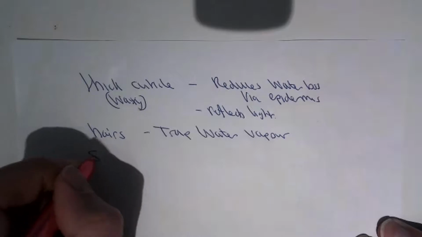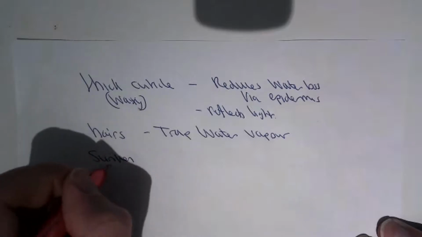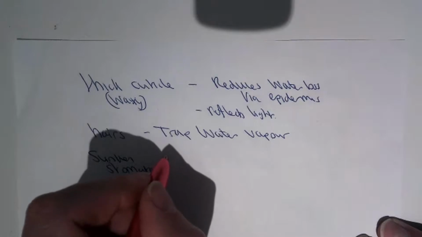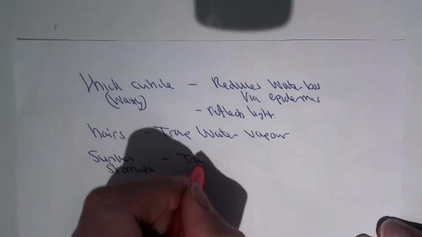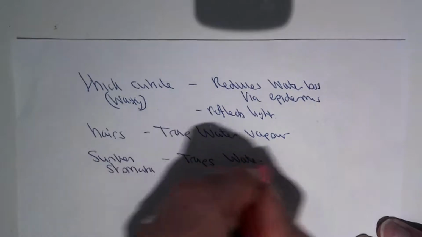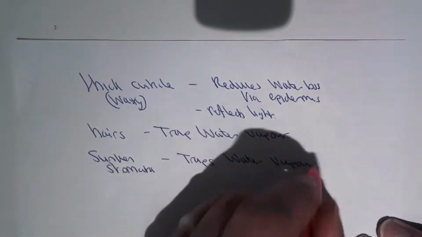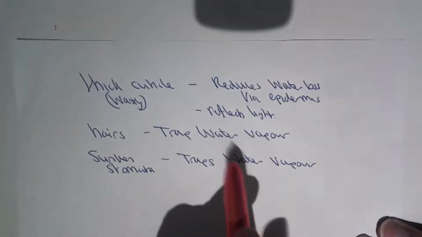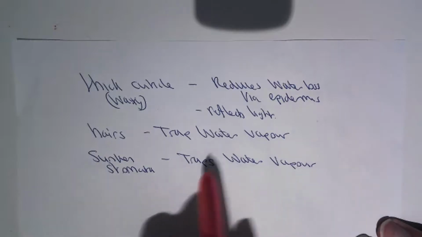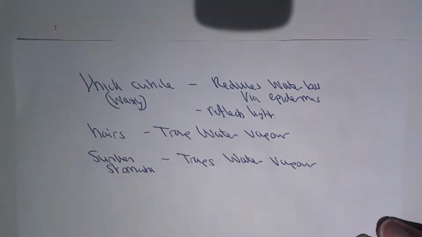The stomata are sunken. Again, that traps water vapor. So that reduces the water potential outside of the stomata compared to the inside of the stomata, so less water moves out by diffusion.